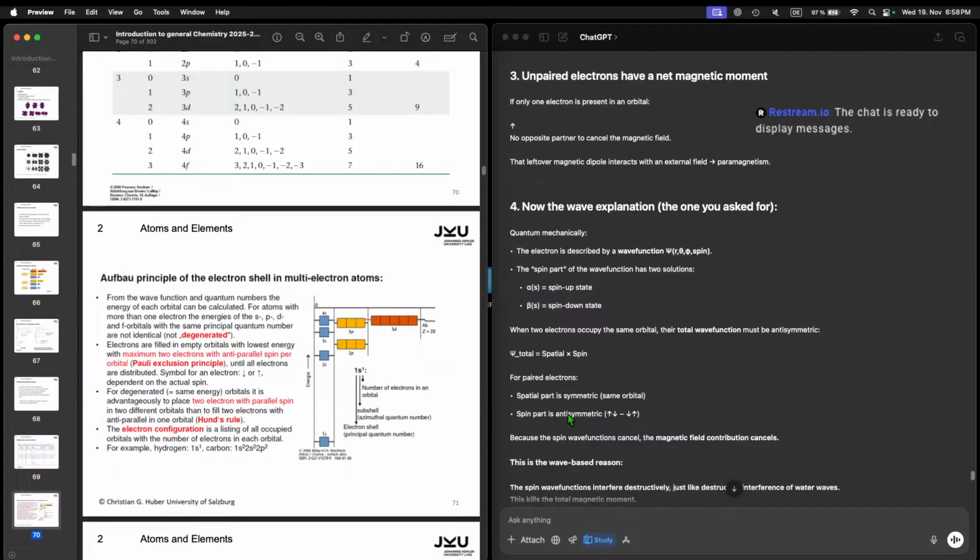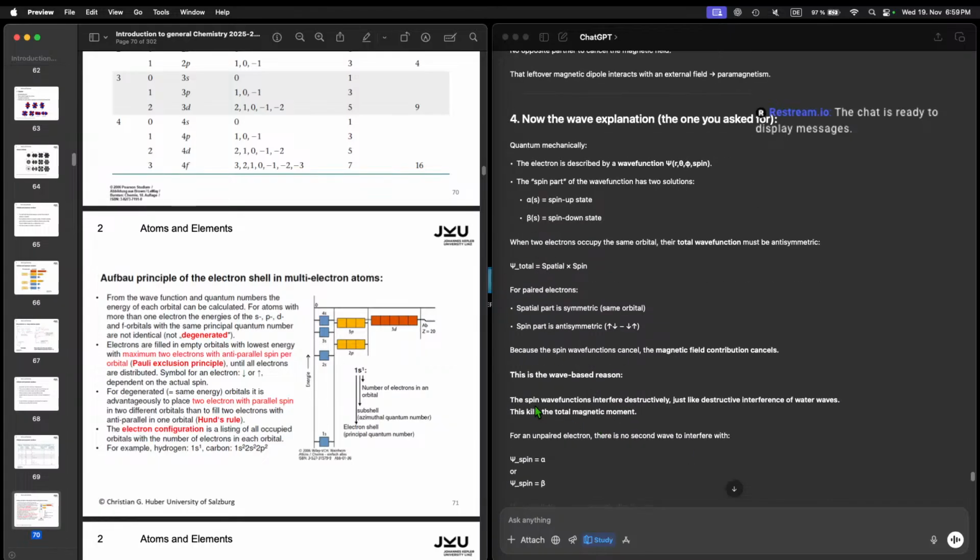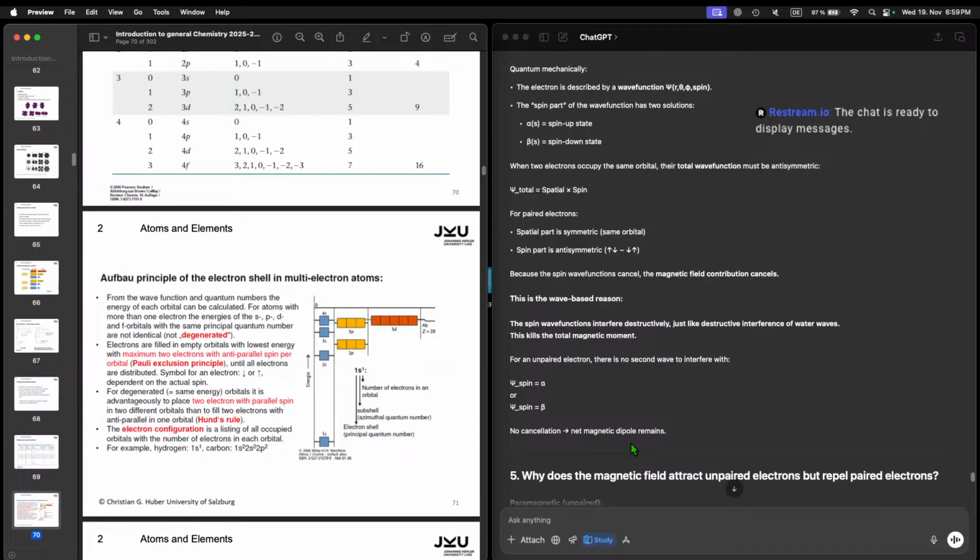So for paired electrons, the spatial part is symmetric and the spin part is antisymmetric, because the spin wave functions cancel and the magnetic field contribution cancels. This is the wave-based reason. Spin wave functions interfere destructively, just like destructive interference of water waves, which kills the magnetic moment. For an unpaired electron, there is no second wave to interfere with.